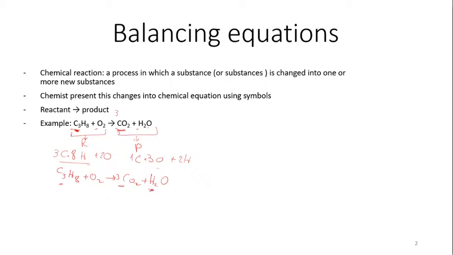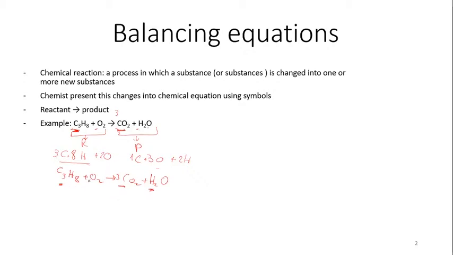I'm avoiding looking at oxygen because it appears more than once on that side, but hydrogen appears only once, and carbon also appears once. So my first step would be looking at the elements that appear only once on that side and only once on that side.